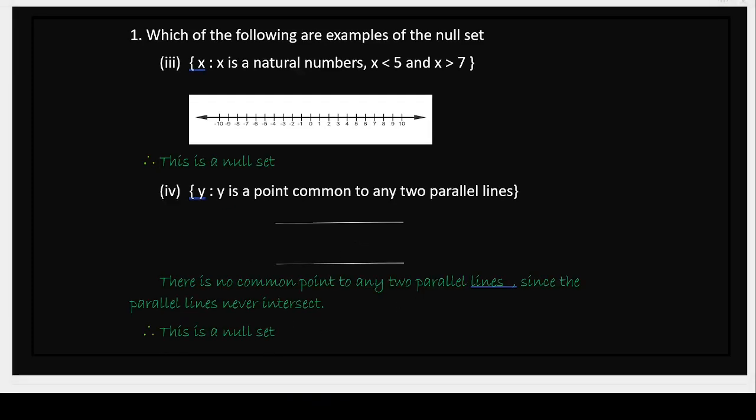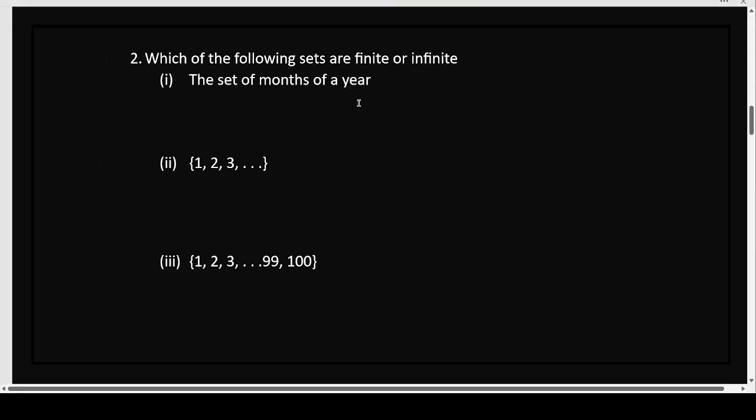Next question, the second question. Which of the following sets are finite or infinite? You have seen in the introduction part what a finite set is and what an infinite set is. A finite set has a countable number of elements, whereas an infinite set has an uncountable number of elements.